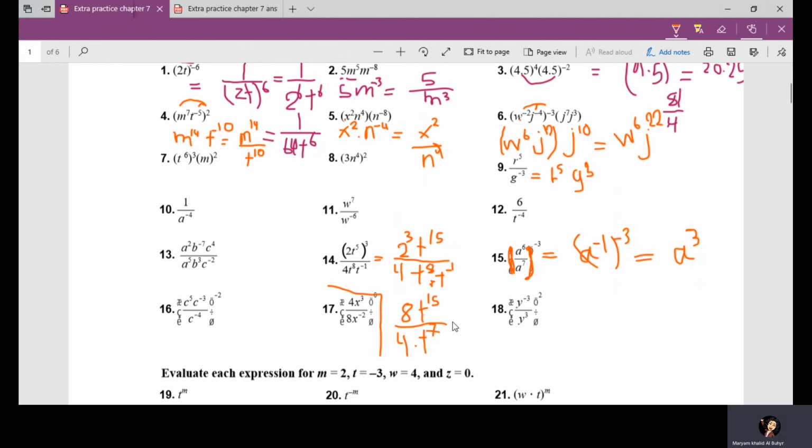And since I have 8 over 4, between the multiplication, 8 over 4, it's 2. T and t also the same base, and between them division, so I can subtract the powers. So that is 15 minus 7. It's what? 15 minus 7, which is 8.